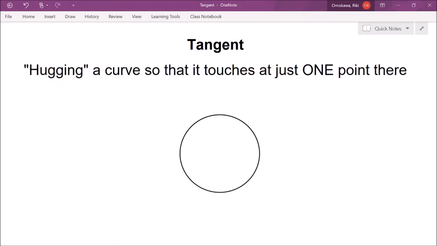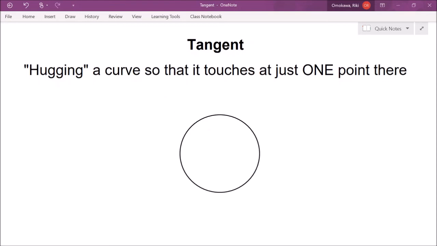So what am I talking about? Here we've got a circle, and let's talk about lines relative to the circle. Let's say you have a line out here. Where does that line intersect with the circle? It doesn't, so there are 0 intersections. But what if we have a line going straight through the circle? Now how many places does it intersect? 2, here and there. So those two lines are not tangent to the circle.